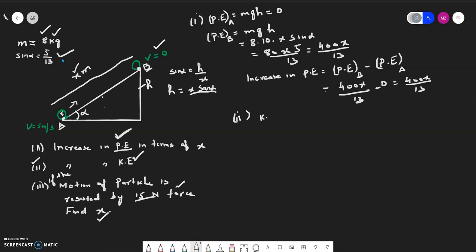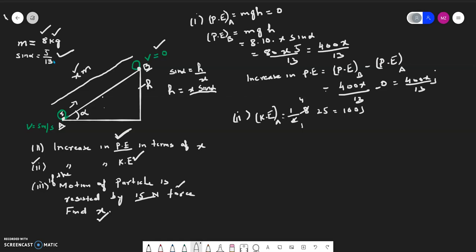So the kinetic energy at position A will be 1 over 2 mv squared. Here v is 5, so 5 squared becomes 25, and m is 8, so we cancel this factor, and we are left with 100 joules.